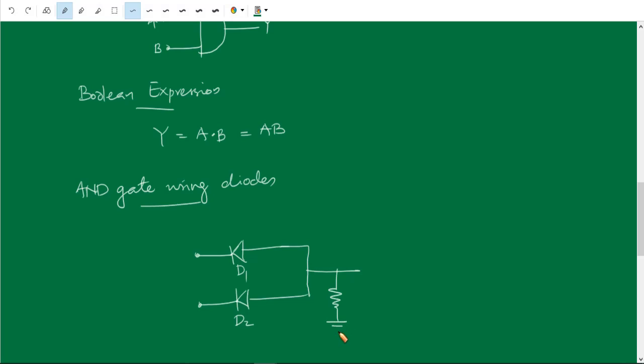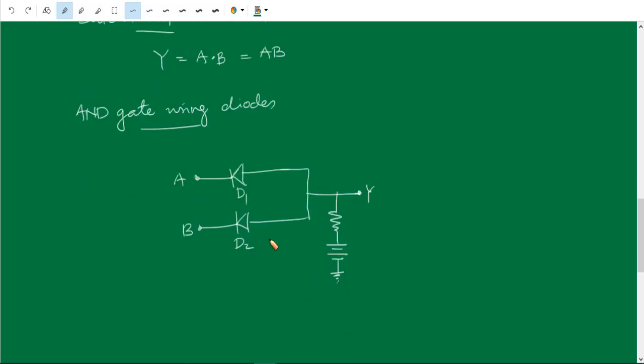From the load resistance, a battery is connected. The negative terminal of the battery is grounded. And this point is the output Y. These are the two inputs A and B. The n sides of the two diodes are the input side. So this is the circuit diagram for an AND gate.